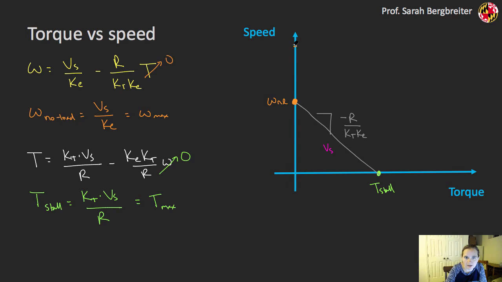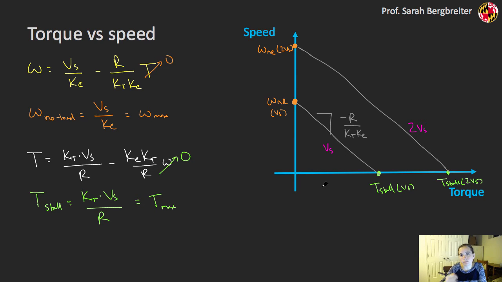So if I have 2 times the supply voltage, I'll get a different no load speed, that's at 2 Vs, and I'll get a different stall torque, that's also at 2 Vs. And so I get a curve in this case that looks like this. This one is when I have 2 times that original supply voltage applied to my motor.